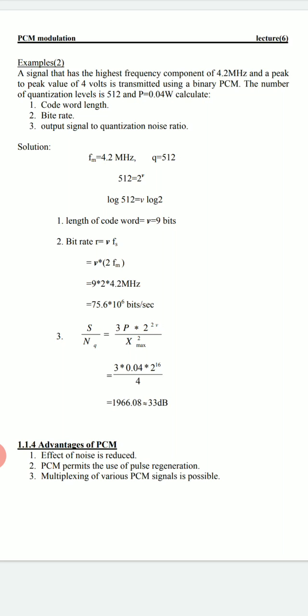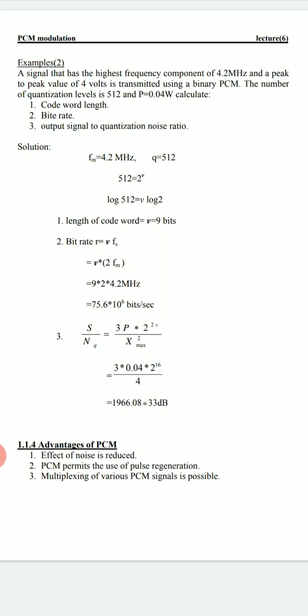Level size is fixed, but it will require the highest bandwidth since we are transferring a number of bits per sample. Advantages of PCM: the effect of noise is reduced, PCM permits the use of pulse regeneration, and it allows multiplexing of various signals.